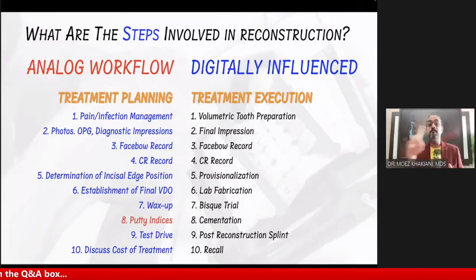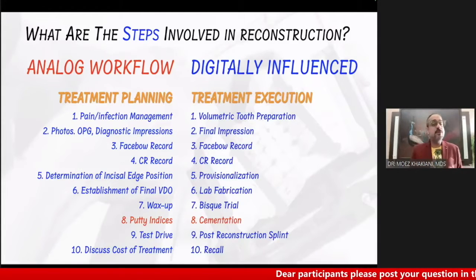I'm not saying it is completely digital. We are yet the drivers. We are yet the people who are controlling the ship. But remember, it is influenced and improvised upon by digital technology. When I talk about treatment execution, cementation, there is nothing digital in that. We still use cements.